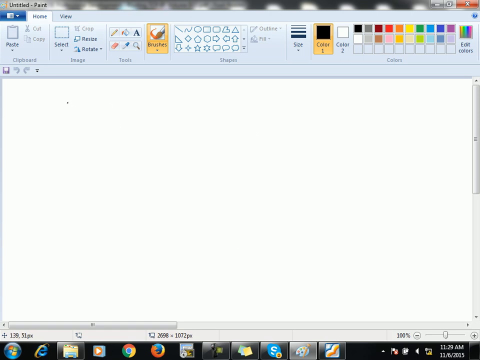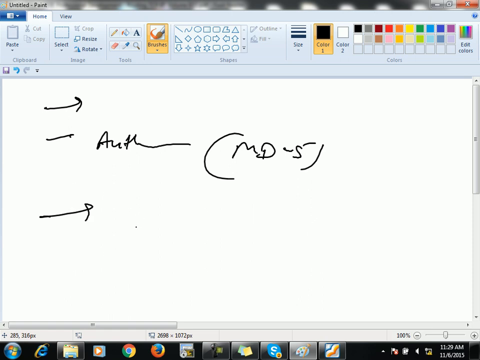If we talk about BGP, it supports classless and classful prefixes, contiguous and discontiguous, and supports authentication, that is only MD5, and it supports summarization, which we call aggregation here.